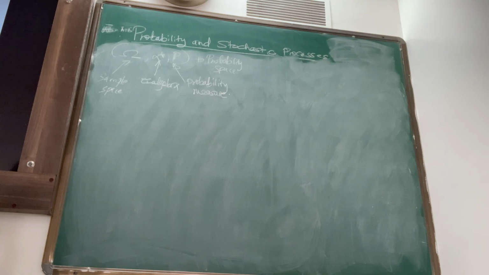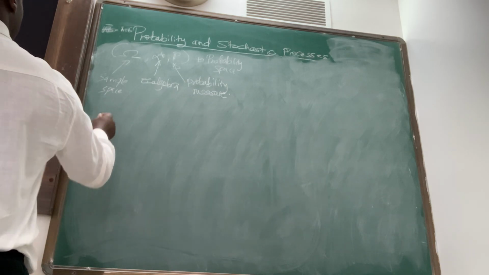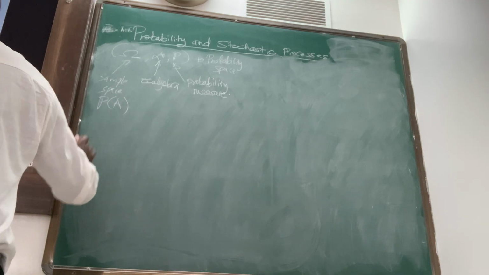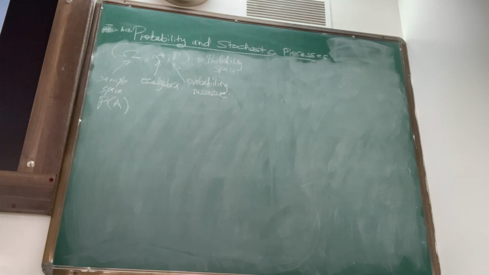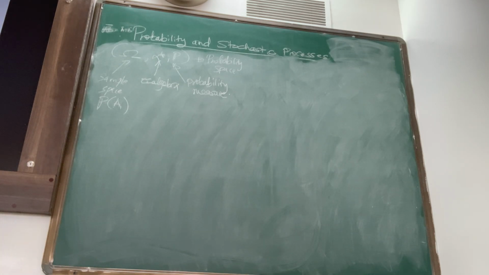Now, we have the probability of an event A1 occurring. So you could just write it as the probability that A1 occurred. Actually, you can just use P, doesn't matter. Then the probability of the union of A1 and A2, so if you take A1 and A2 combined together, you have the probability of A1 union A2, as you can see there.